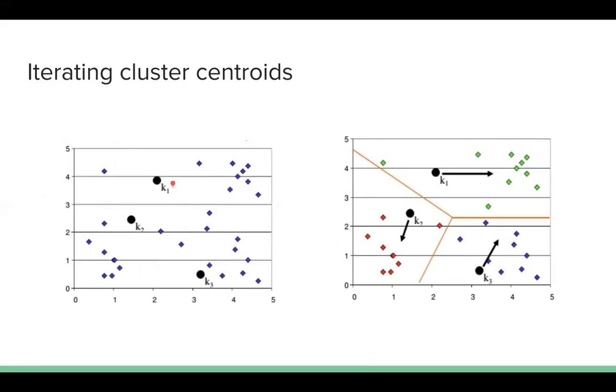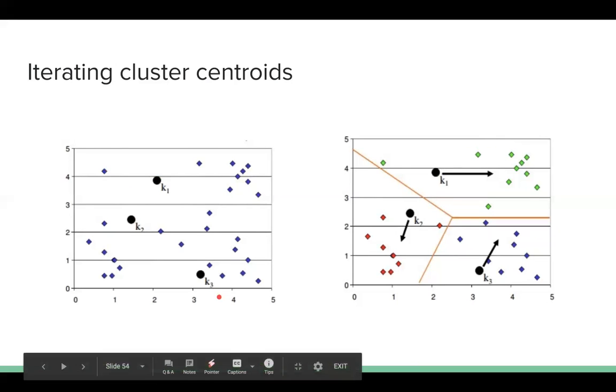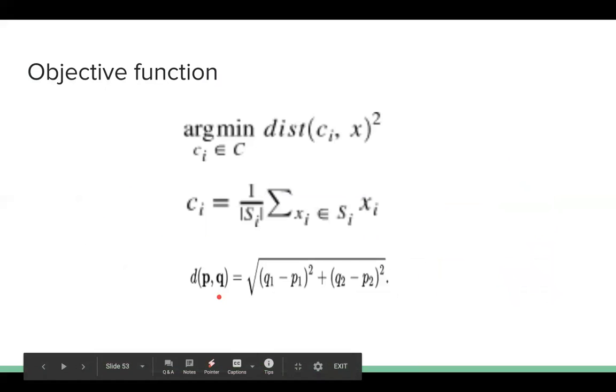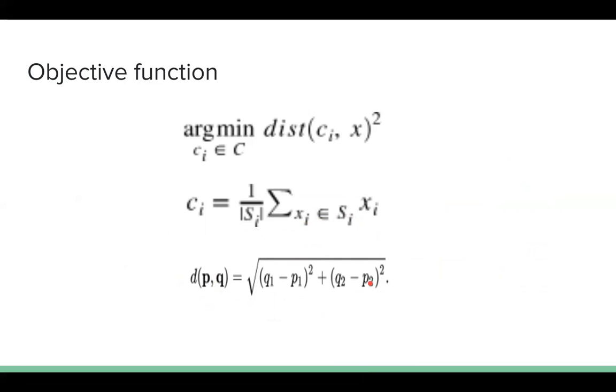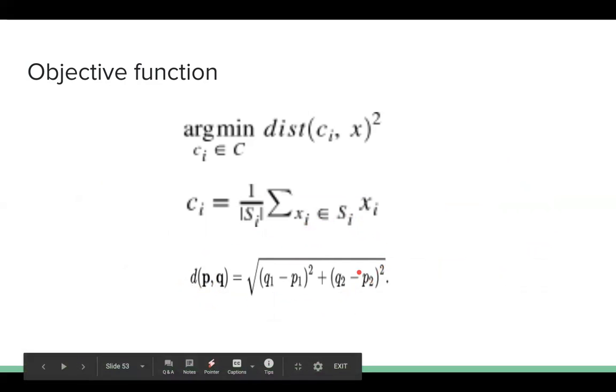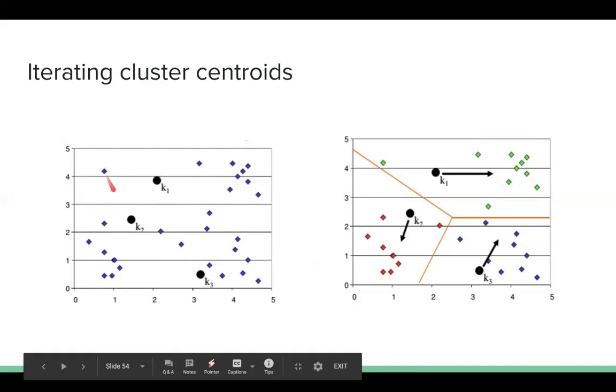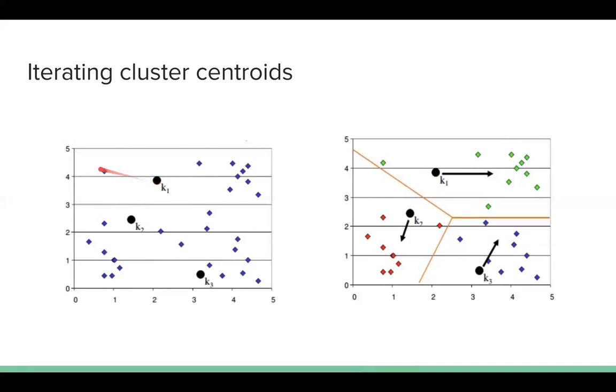Once I assign them as centroids, for each and every point, I will calculate the distance to the centroids, to k1, to k2, and to k3. Now what is this distance measure? It is nothing but the Euclidean distance, which is the square root of (x2 minus x1) whole square plus (y2 minus y1) whole square. So I find the Euclidean distance, and whichever distance is smaller.